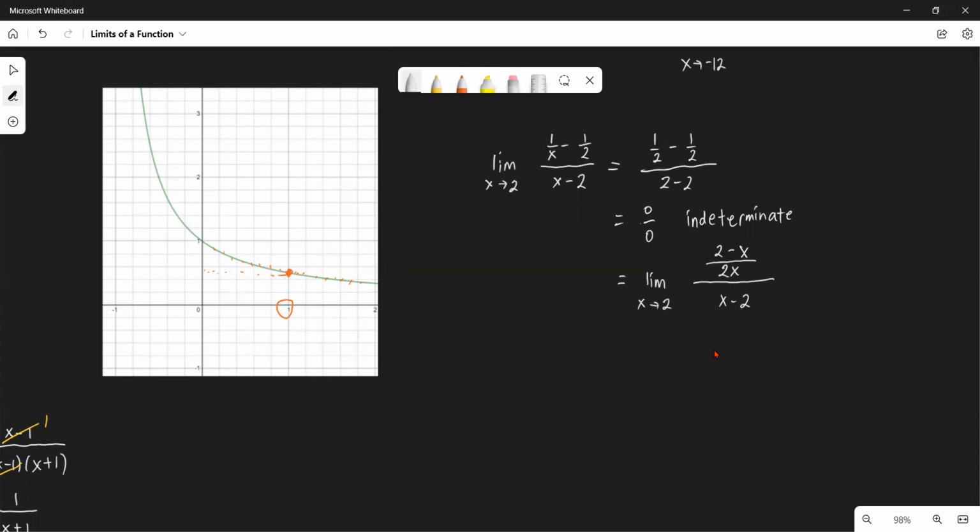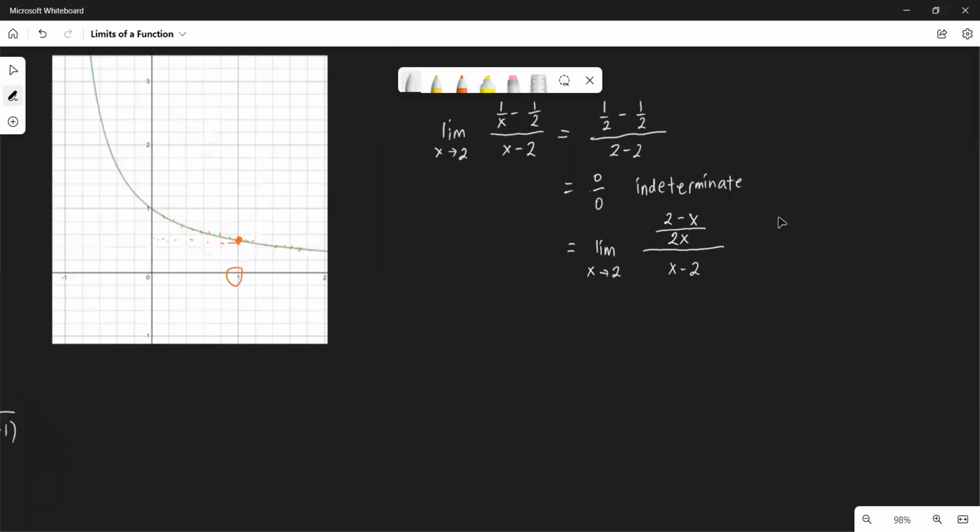So the next step is you try to find a common factor. You can see we have 2 and x, 2 and x, but they're being swapped. But we can always multiply a number or an expression with any number as long as it's equivalent to 1.